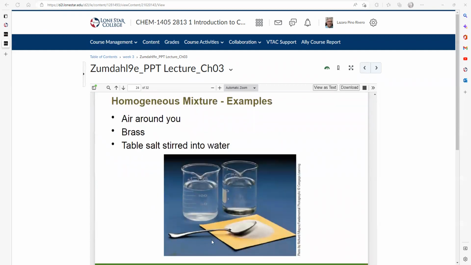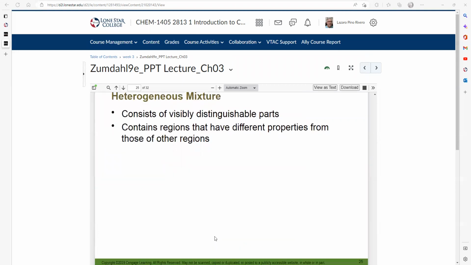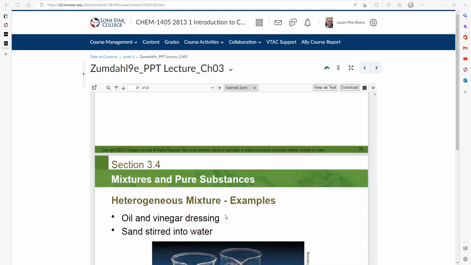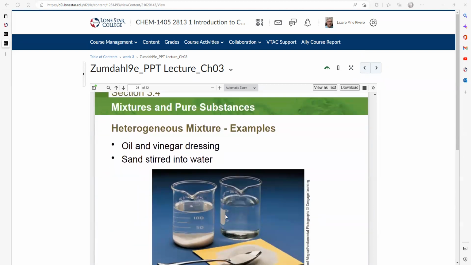A heterogeneous mixture consists of visibly distinguishable parts. For example, one part can have properties different from other regions. A heterogeneous mixture can be oil and vinegar dressing.